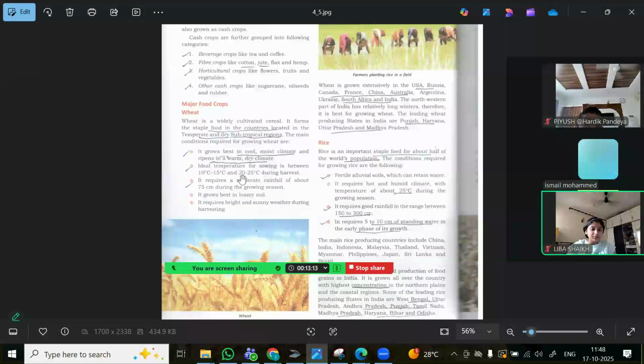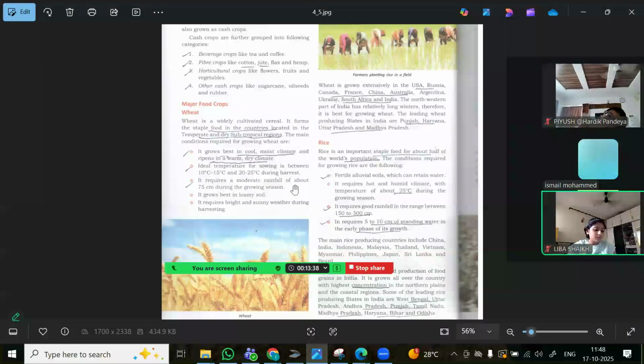It needs a combination of both. When you grow a crop, there are different things we do: tilling, sowing, harvesting, cutting, threshing. While sowing, it needs 10 to 15 degrees centigrade, and for harvesting, it needs 20 to 25 degrees centigrade.